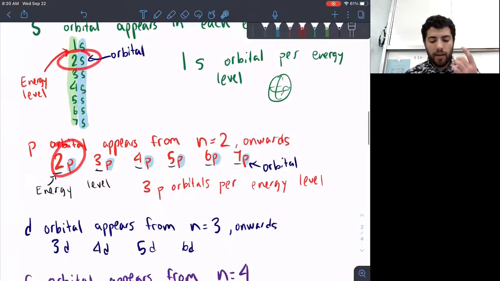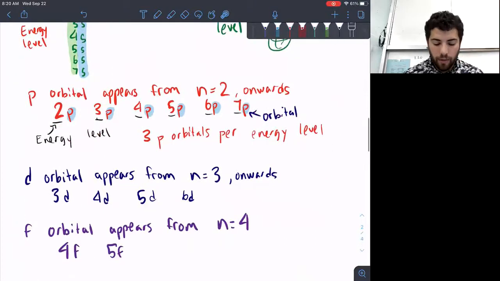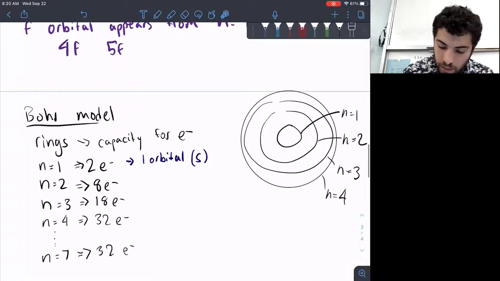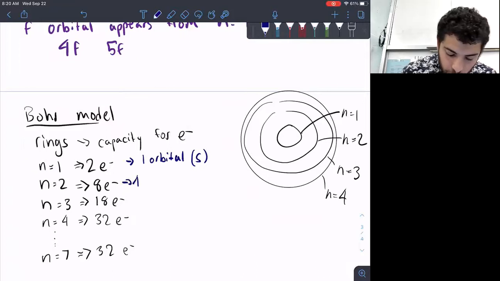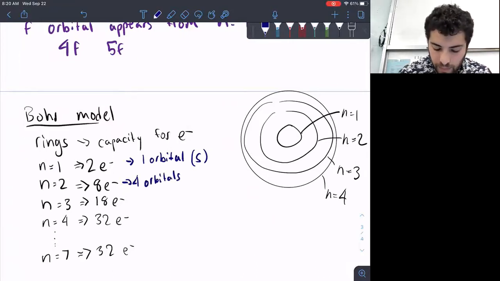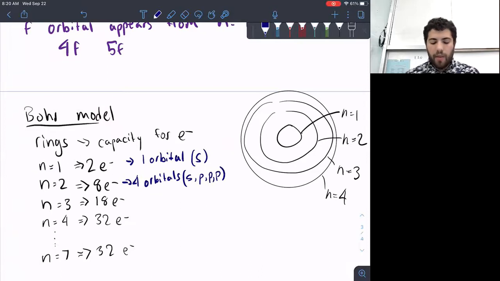So that's 1 s and 3 p's, making a total of 4 orbitals. There are 4 orbitals. We have an s, a p, a p, a p, and 4 times 2, 2 electrons for each orbital, is 8.